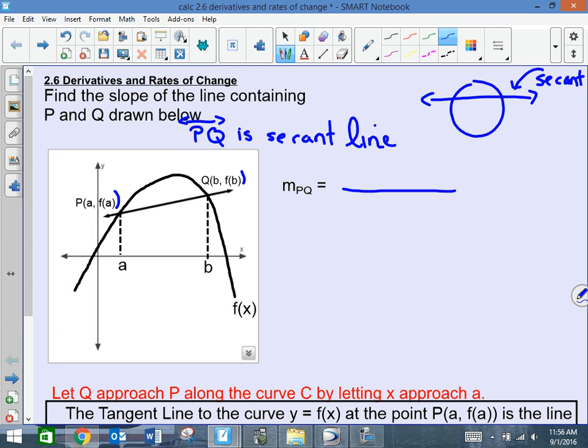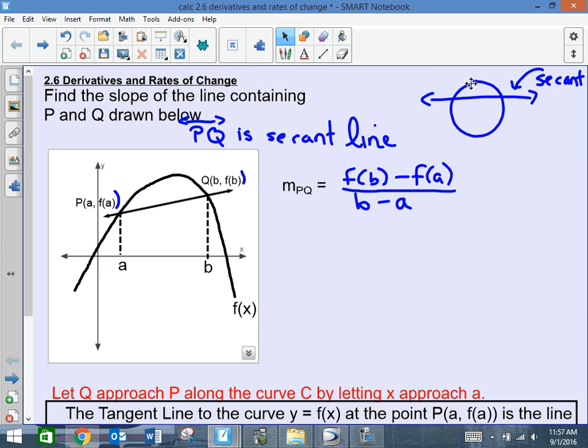Nice. Okay, that's the old standard slope formula. Okay? Now, here's what we want to do.